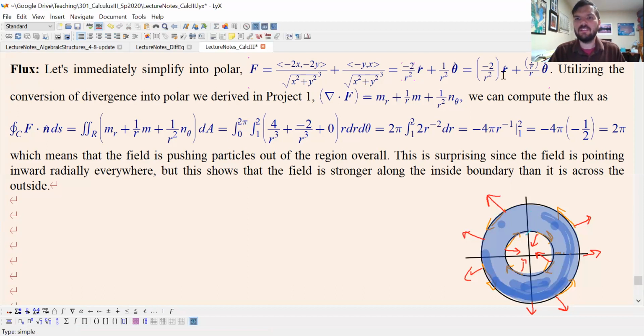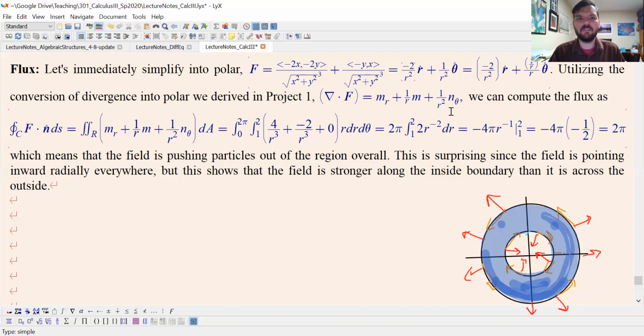And then for theta, we have a 1 over r squared, which if I factor an r out of the denominator, I get a 1 over r as my n, my theta partial of p if it existed. And then finally, I will use the identity that we talked about at the beginning from project 1, transferring the divergence into polar.